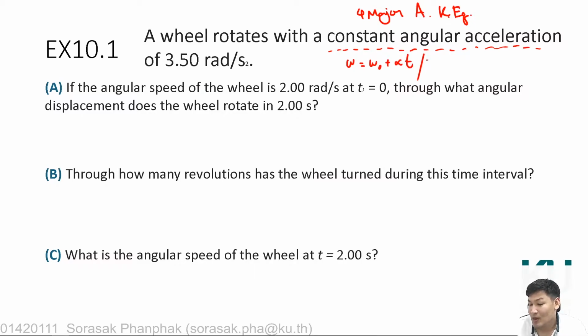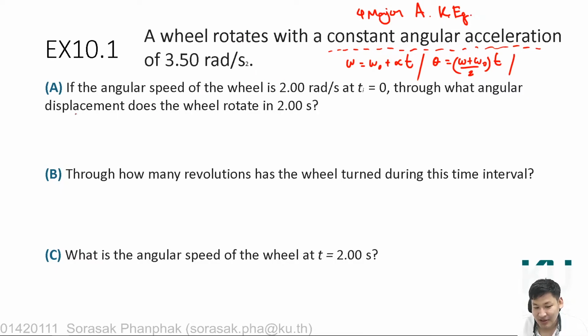How about the second one? s equal to v plus v zero over 2, multiplied by t. So you have theta equal to omega plus omega zero over 2, multiplied by t. This is the second one. How about the third one?